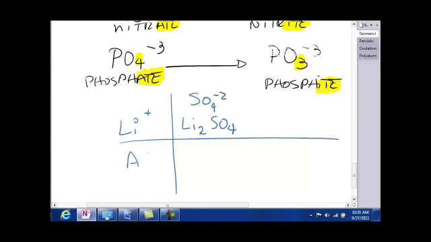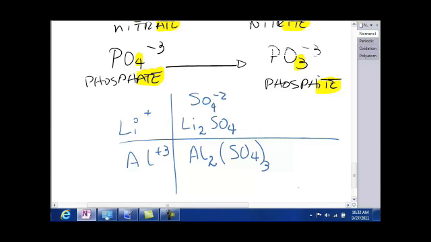So if I'm combining this with aluminum, what would that compound be? Al 2, and then what? What do I need? Perfect. I need a parentheses. Very good. SO4, how many times? Okay.